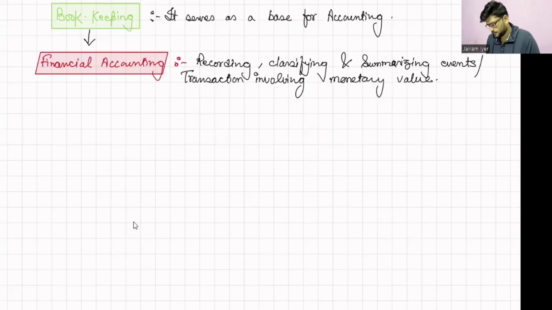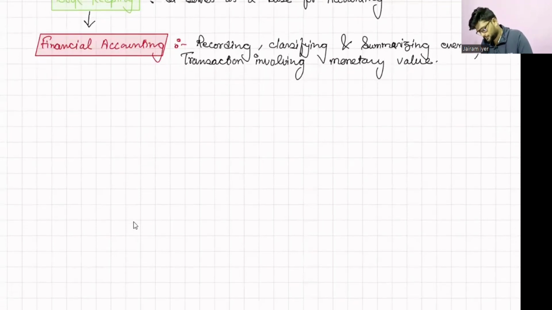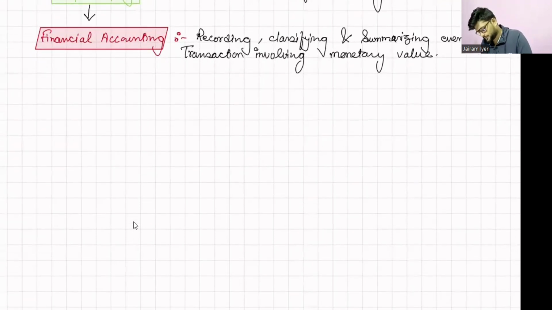Now, after the financial accounting is done, I'm not saying that cost accounting is the second step, but because our prima facie object is to discuss financial accounting, we discuss it first.